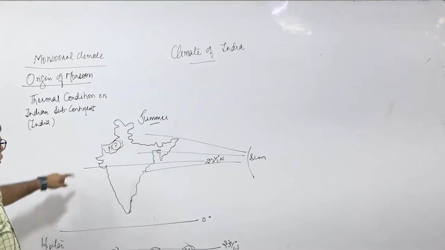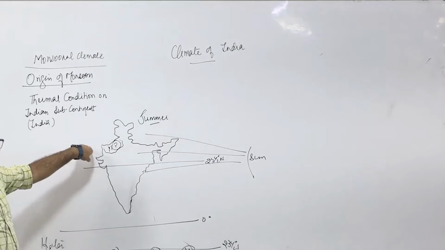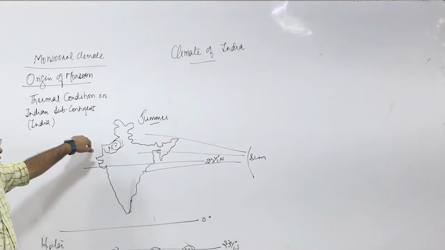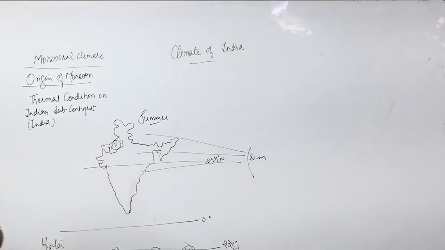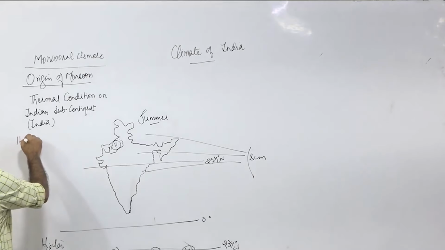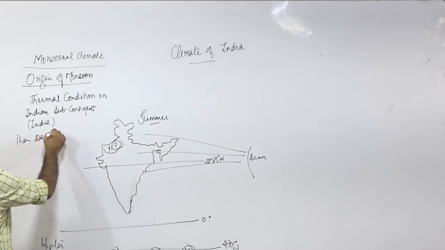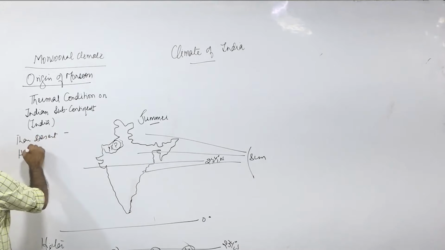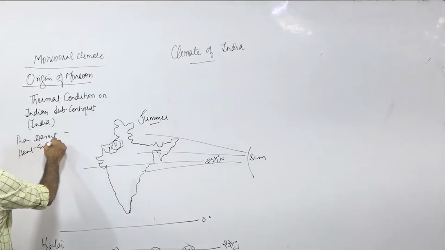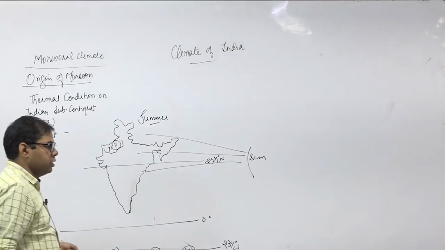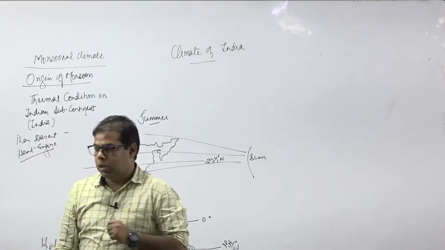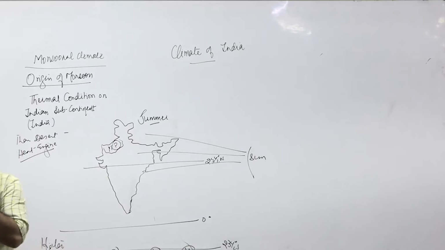So the heating of the Thar Desert, this zone of excessive heating, means the Thar Desert acts as a heat engine for the origin of monsoon. The more the heating of the Thar Desert, the more the low pressure center.